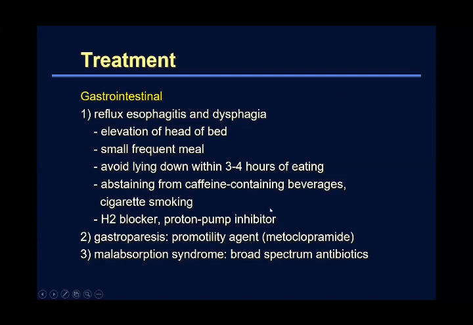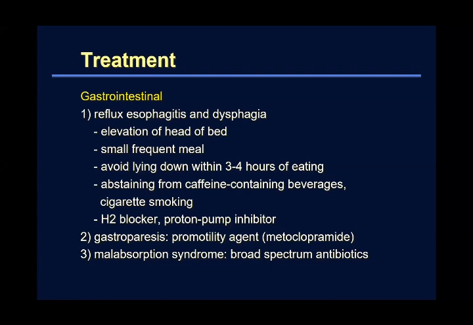H2 blockers and PPIs are used to reduce the acidity and pH of the stomach, to prevent the reflux and burning. For gastroparesis, motility drugs like metoclopramide are given. A patient who has decreased intestinal motility, especially of the jejunum and small intestine, can have malabsorption syndrome due to bacterial overgrowth.